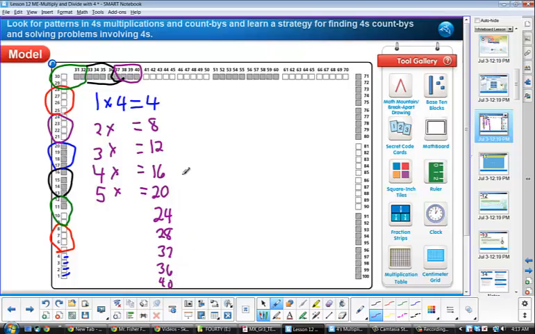So if you look in the ones column, 4, 8, 2, 6, 0, it continues the pattern. 4, 8, 2, 6, 0. So that's just in the ones column. You might see some other patterns.